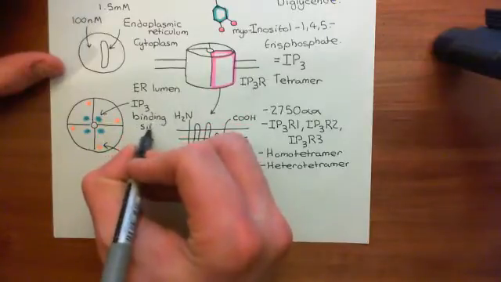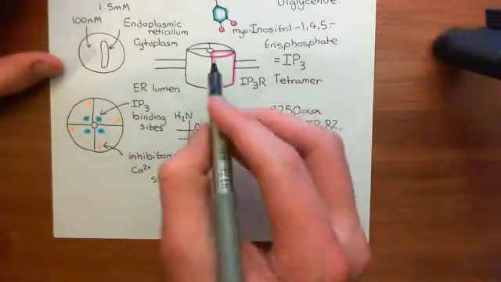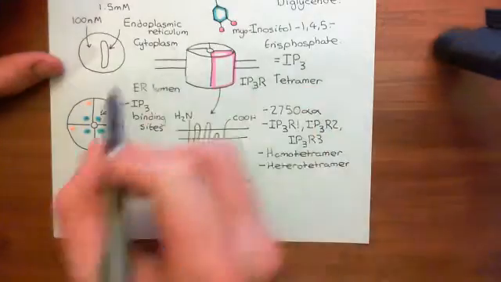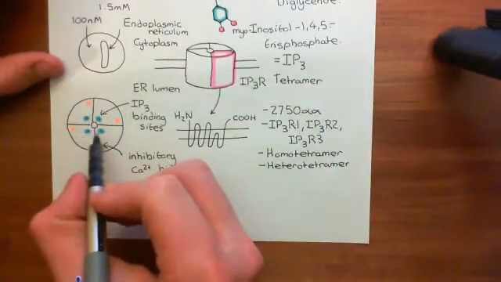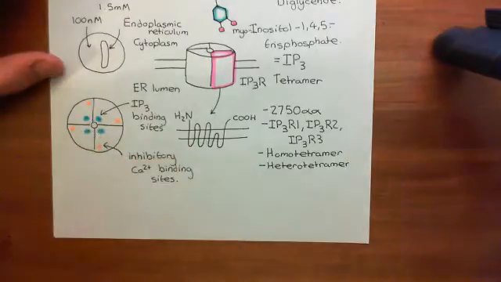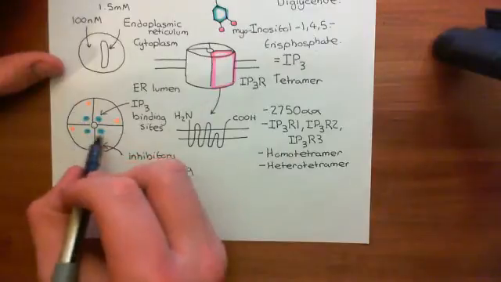So when IP3 goes up, because we're producing it from phosphatidylinositol 4,5-bisphosphate breakdown, the IP3 will bind to these IP3 binding sites on the IP3 receptors. So you'll get 4 IP3 molecules binding, 1 to each of the binding sites.